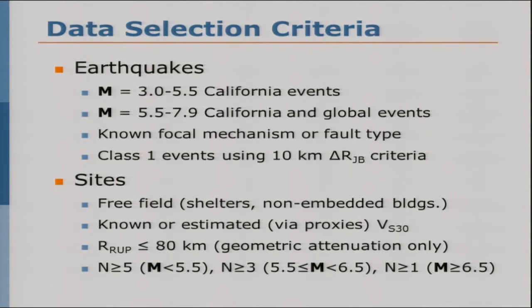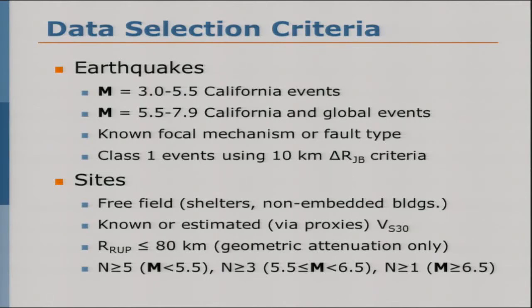And this was to look at only geometric attenuation. What we discovered right away, and this is a big issue, is that there are big regional differences in anelastic attenuation. Japan attenuates much more rapidly beyond 80 kilometers than does California, which attenuates much more rapidly than, for example, Wenchuan, China. But we found that if we looked within 80 kilometers, all of those events are fine.